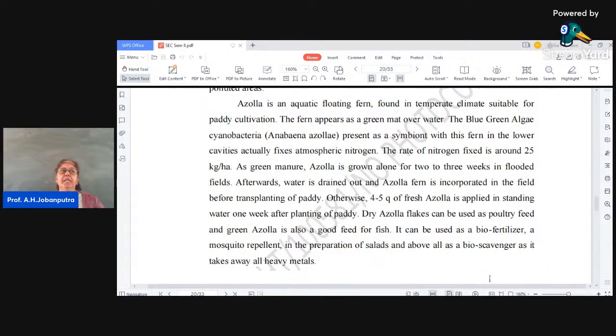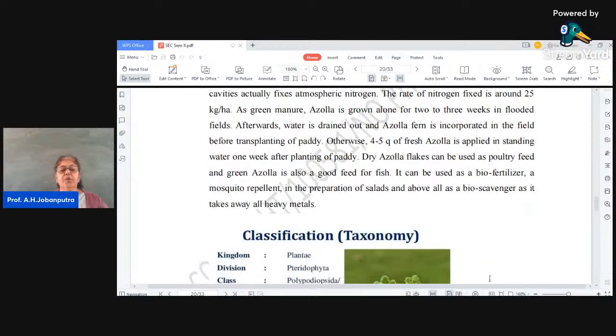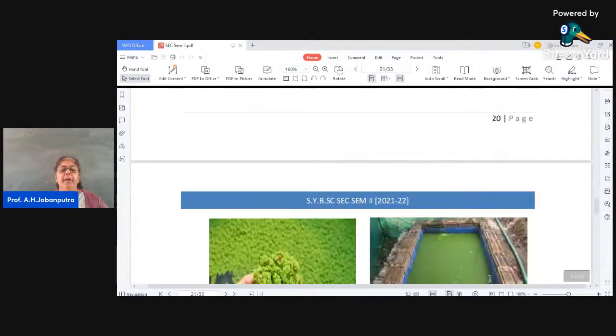When it is green, it can also be used for fish, and it is a mosquito repellent. It is used in the preparation of salads, and it can keep the heavy metals far off from the crop plants. So crop plants will not be damaged in presence of those heavy metals.